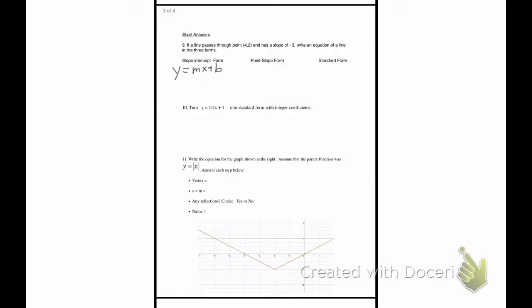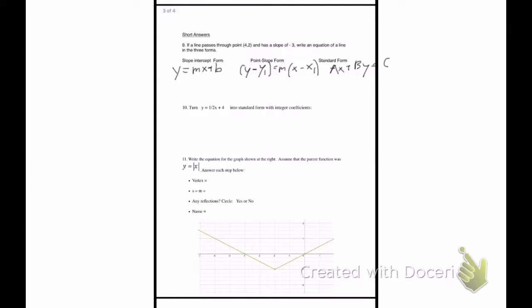Point slope is y minus y1 equals m times (x minus x1). And standard form is ax plus by equals c.